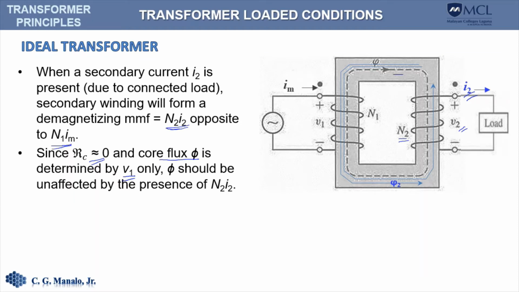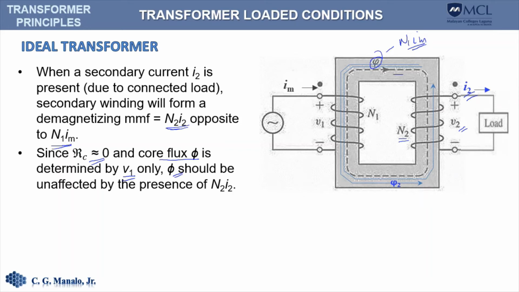So originally, we have this flux here produced by N sub 1 I sub m, but we said that it is decreased due to the demagnetizing component, or the demagnetizing MMF, due to I sub 2. So how are we going to maintain the flux inside at a constant value?